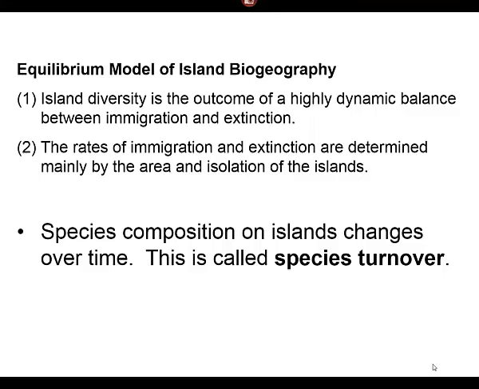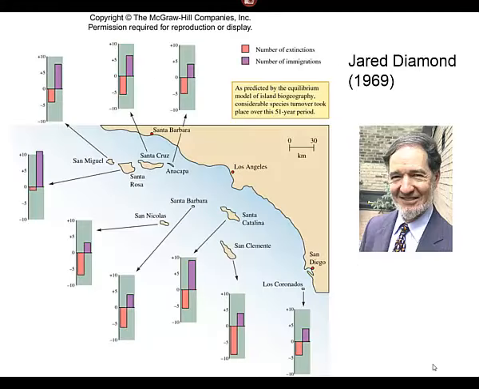So species composition on islands changes over time, and this is called species turnover. Jared Diamond was interested in studying this: you can have an equilibrium number of species over time, but the composition, the species represented in that number, is going to fluctuate. In this case, with bird species, he's looking at the turnover on the islands off the southernmost coast of California, and you see this balance of extinction and immigration.